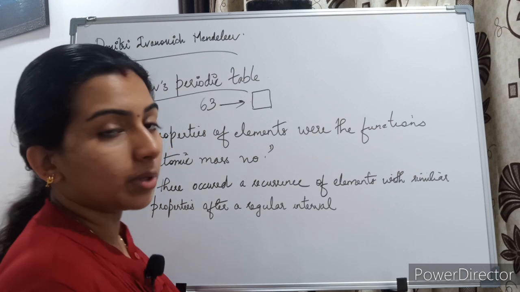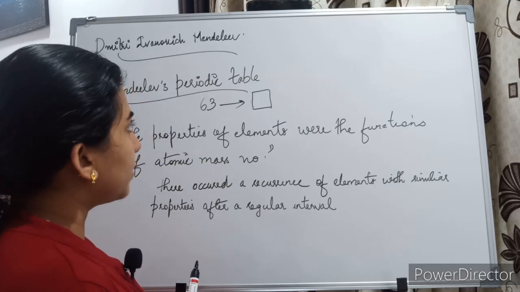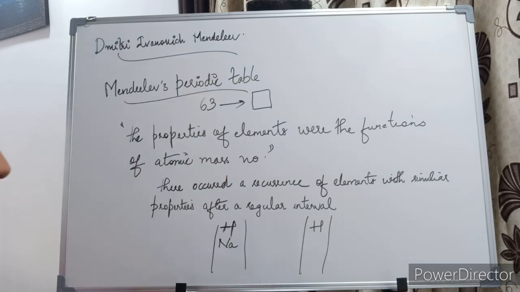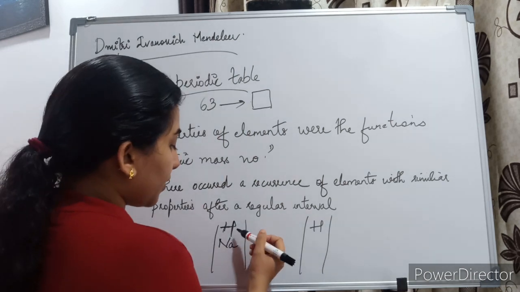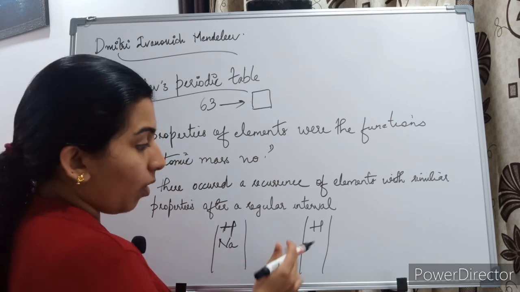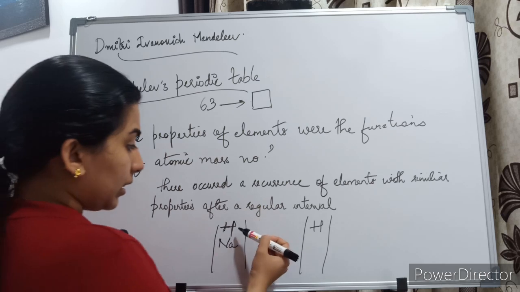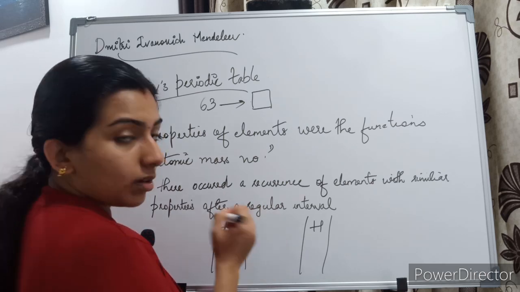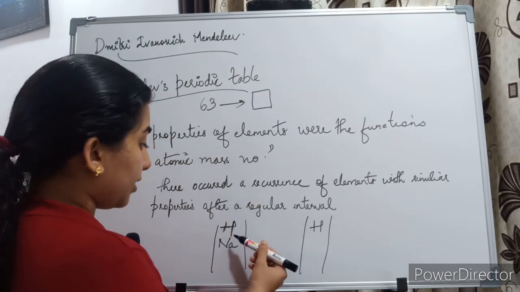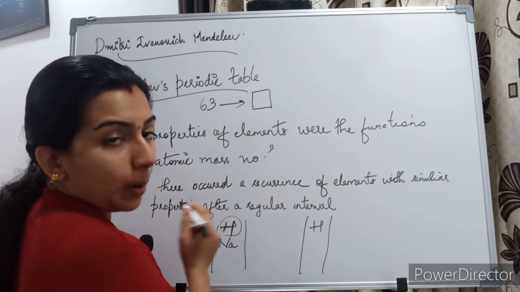But here also there were some limitations. That is, see the Mendeleev periodic table. He was confused whether hydrogen should be placed in the sodium alkali metals group or in the halogen group. This is because the electronic configuration of hydrogen resembles that of the alkali metals, as the valency is 1.